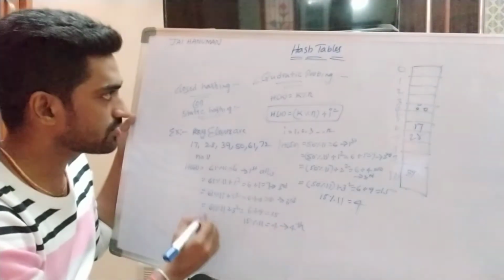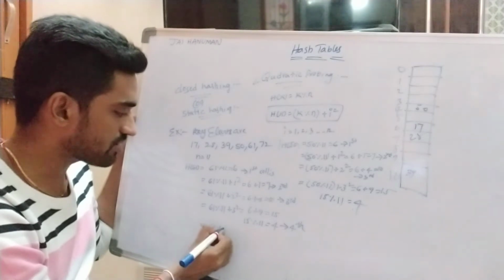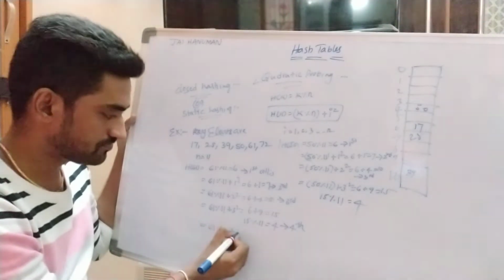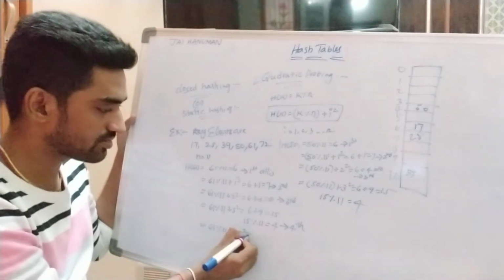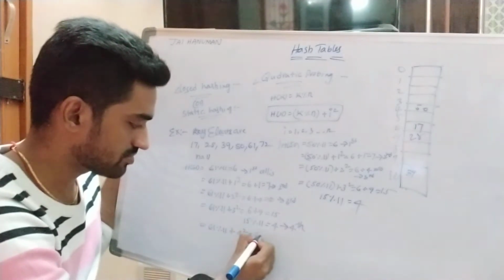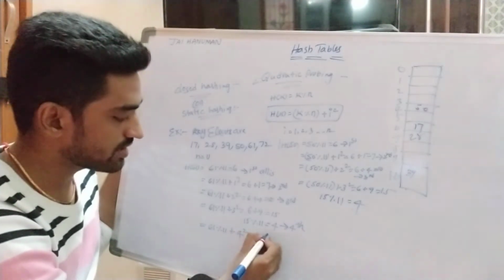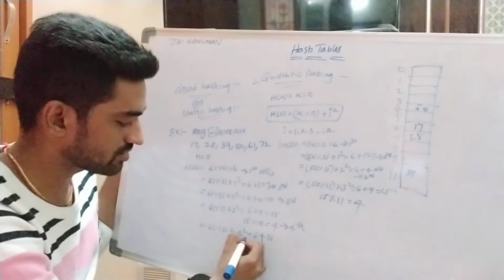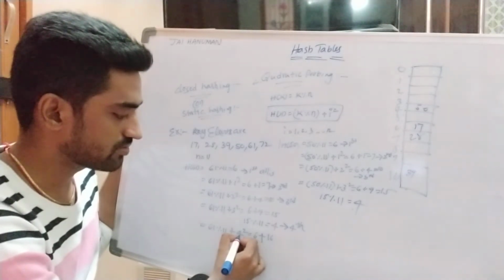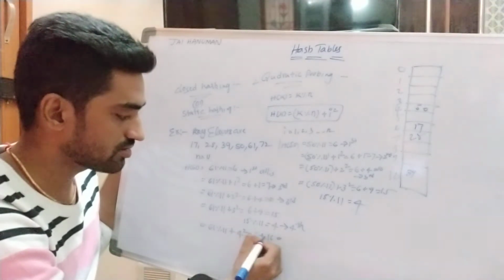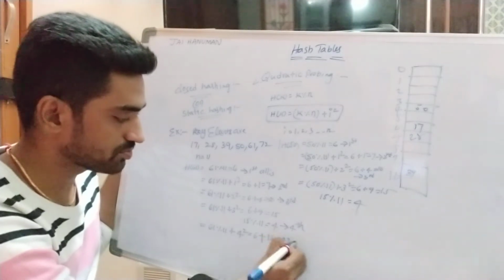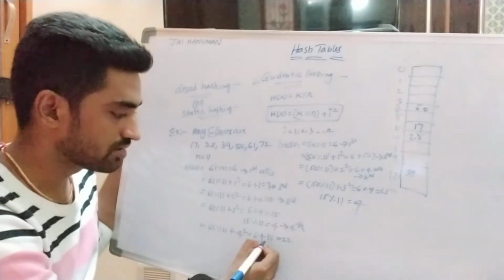Again we are applying quadratic probing. 61 modulo division of 11 plus 4 square, 6 plus 16, right, so 22.